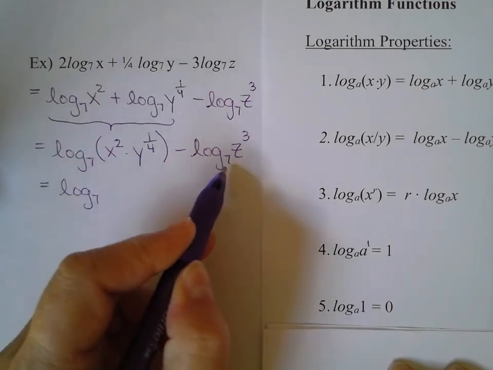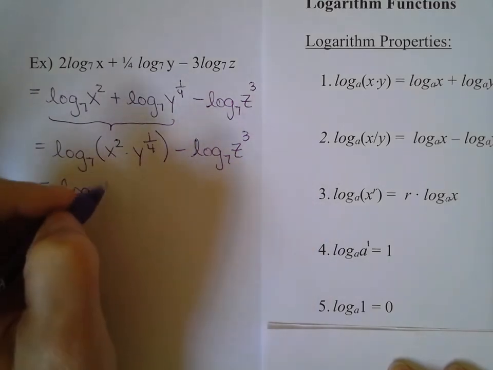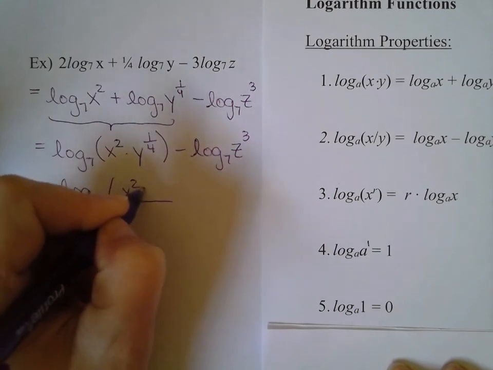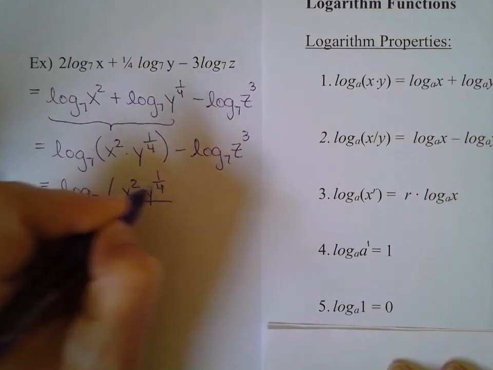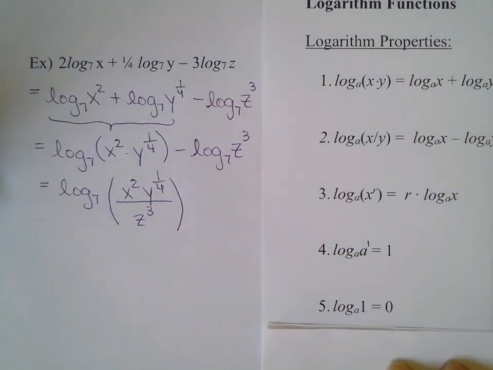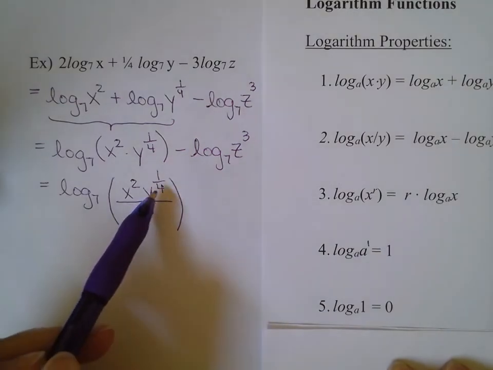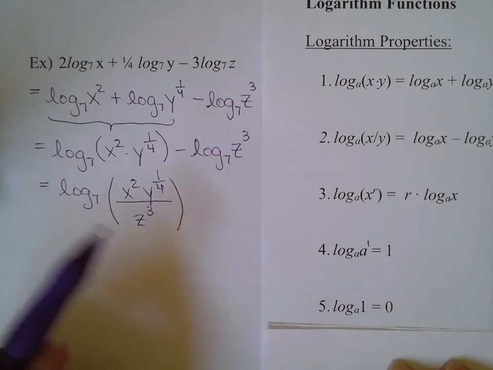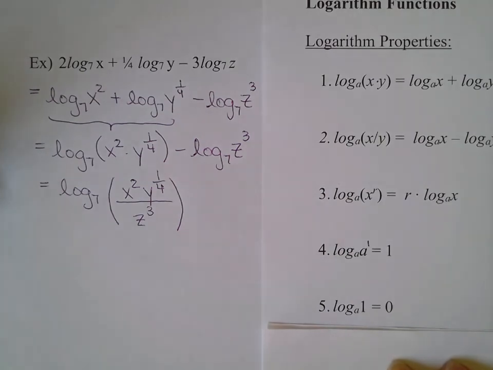This third logarithm is also base 7, which is probably worth noting to yourself. Okay, this is fine as an answer. I've combined it all into a single logarithm. If you would like to rewrite this 1/4 exponent as a 4th root of y, you could do that. Okay, that's definitely not a requirement, but those two things are equivalent.